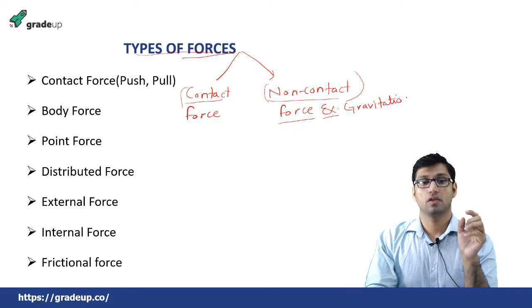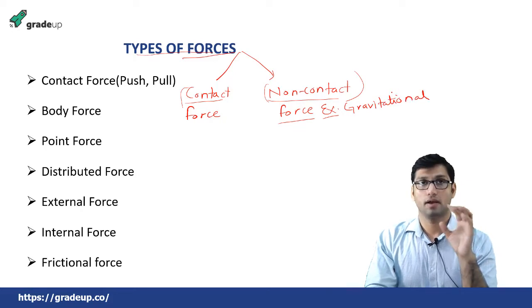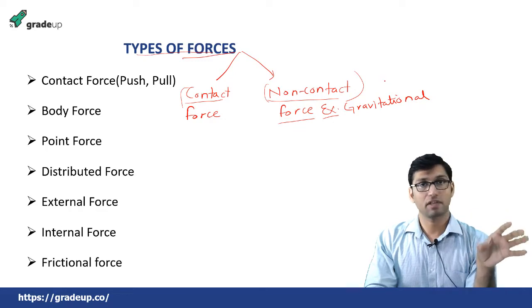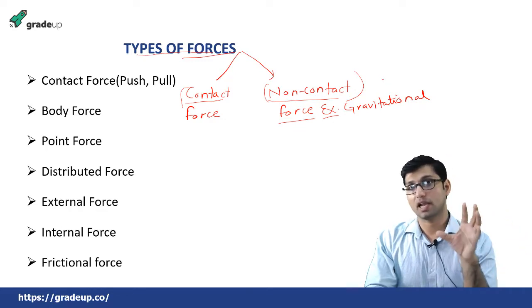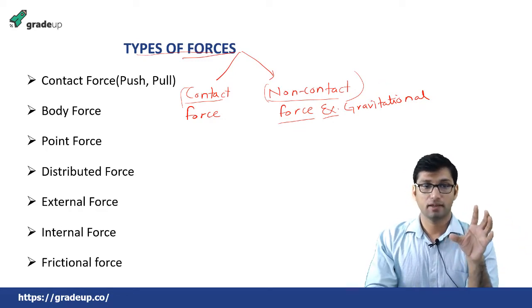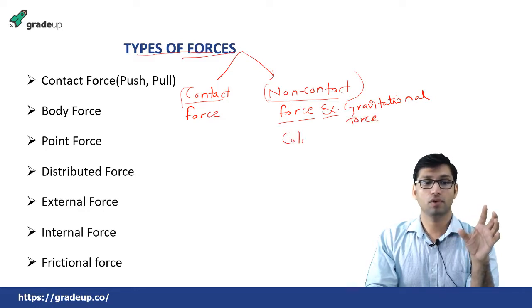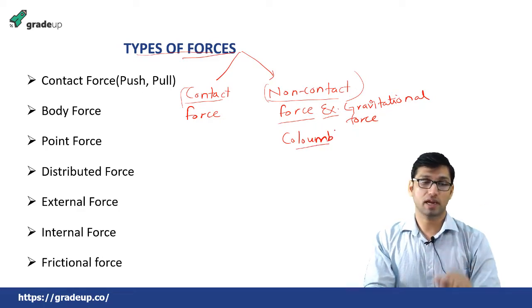No matter in which place the body is located, you don't require direct contact with the body, and this force is called gravitational force. Similarly, Coulomb force. Coulomb force is the force between two molecules or two charges.